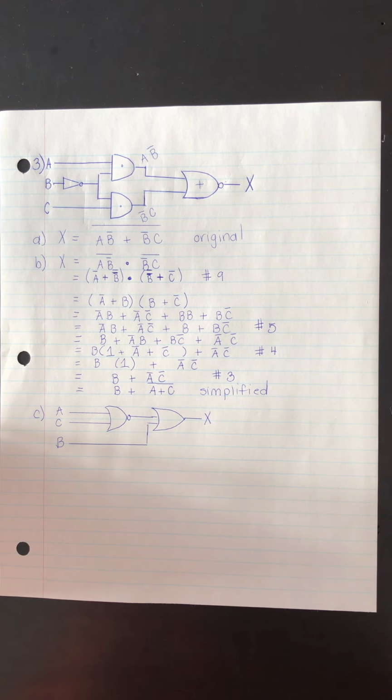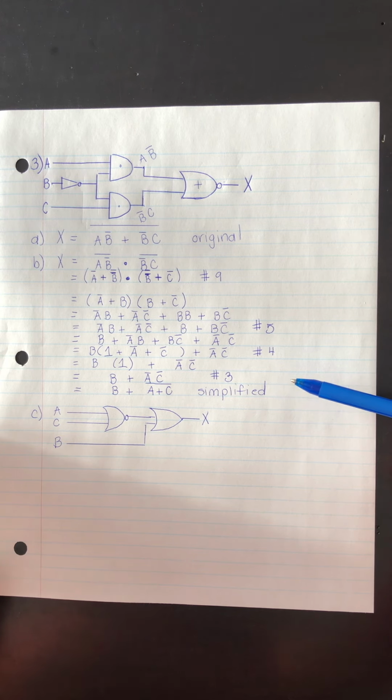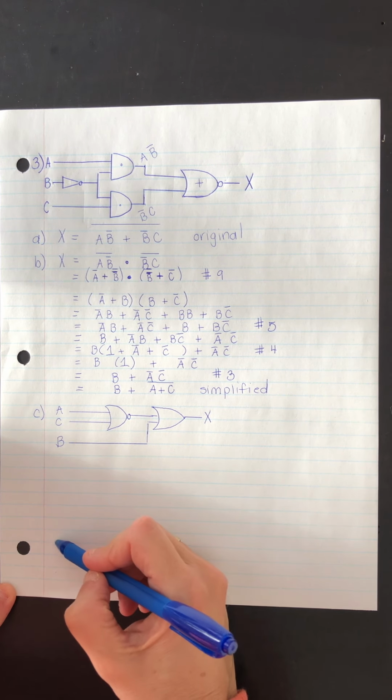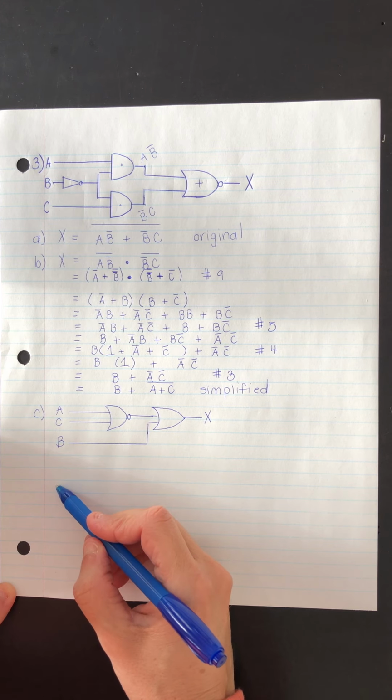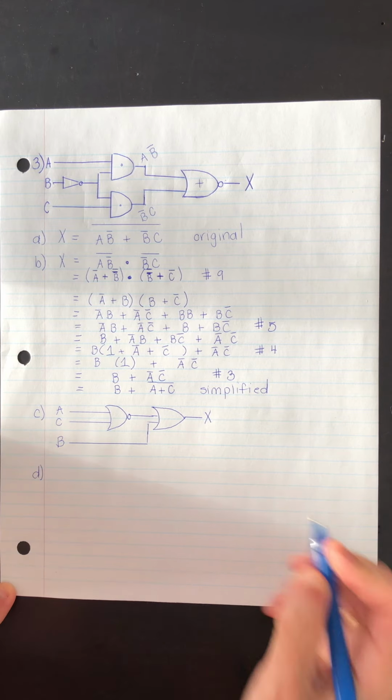Okay, and lastly, I could do a truth table for part D to show that the original is equal to the simplified. And I would need 8 rows because the letter C is involved. Do I have 8? 1, 2, 3, 4, 5, 6, 7, 8. I do. Okay, so I'm just going to start it here.